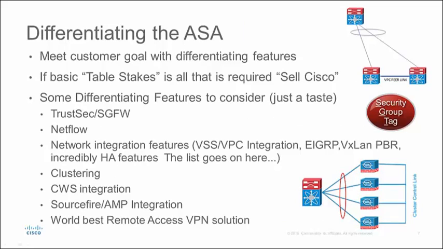Whenever possible, we should try to use ASA specific or differentiating features when meeting the customer goals outlined in the POV. This can sometimes be easier said than done. Much functionality is common among all firewall offerings today, or in some cases the customer requirements are so basic or foundational that differentiation can be a challenge.